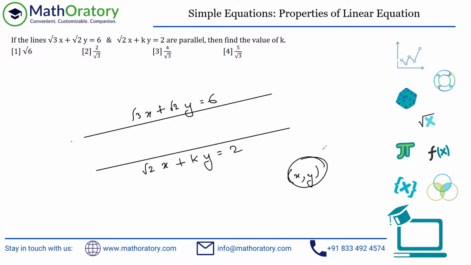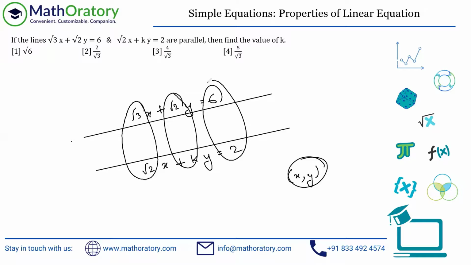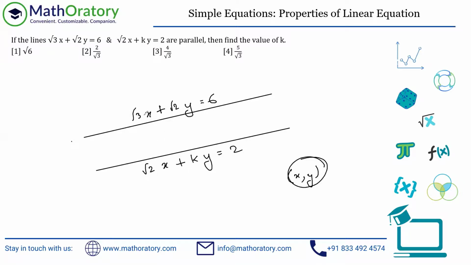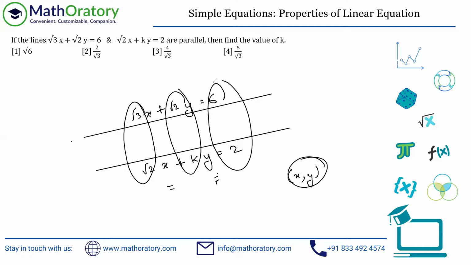In these cases, I've elaborated in the classes why. It's very easy to understand any which way. But what we typically do is we check the coefficient ratios of x, y, and the constant term. The coefficient ratio of x and the coefficient ratio of y should be equal, and that should not be equal to the coefficient ratio of the constant term.